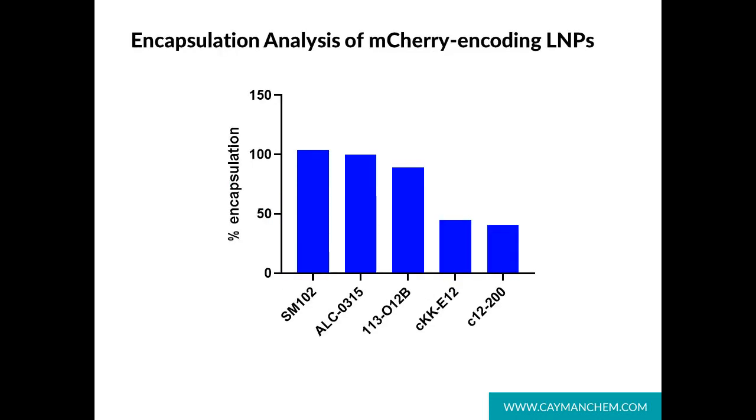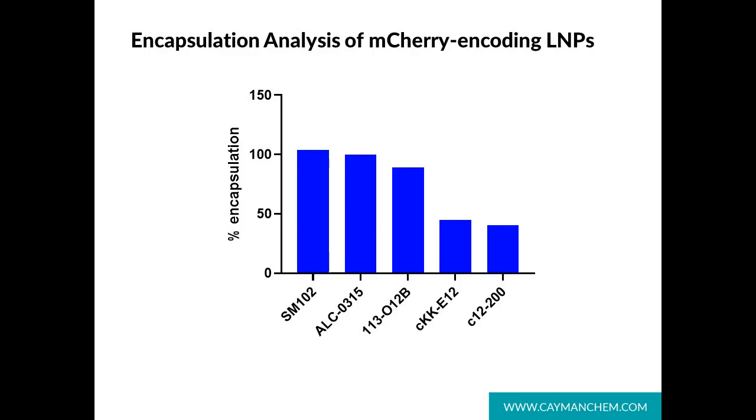Using Thermo's RiboGreen kit with and without Triton X100, we tested encapsulation efficiency of the mRNA. As expected, SM102 and ALC0315 particles encapsulated very nearly 100% of the mRNA. And additionally, 113O12B based particles encapsulated about 85%.